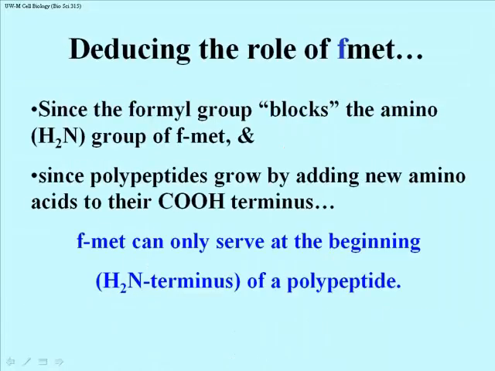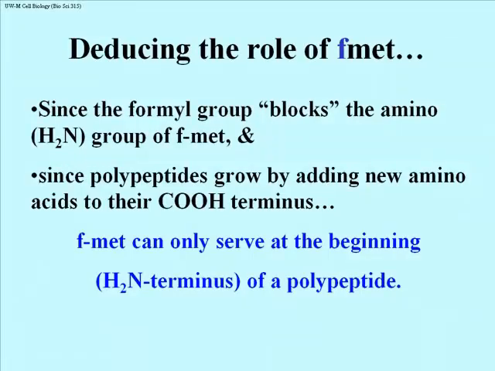So the question was, what is fmet for? Why do you even have this? Why are there 2 tRNAs, and why is there an fmet? There were some speculations, and one was that the formyl group, this CHO, is blocking the amino group of the methionine on which it is placed.